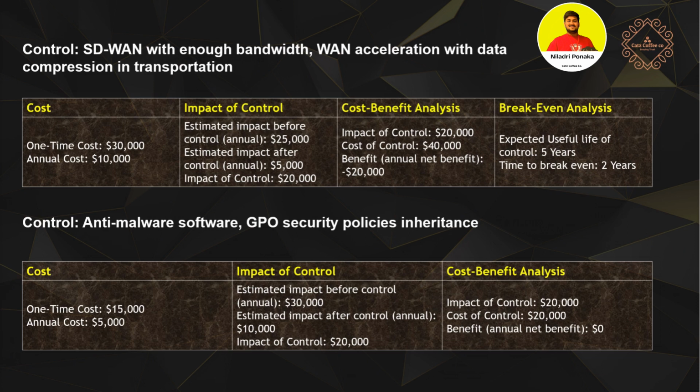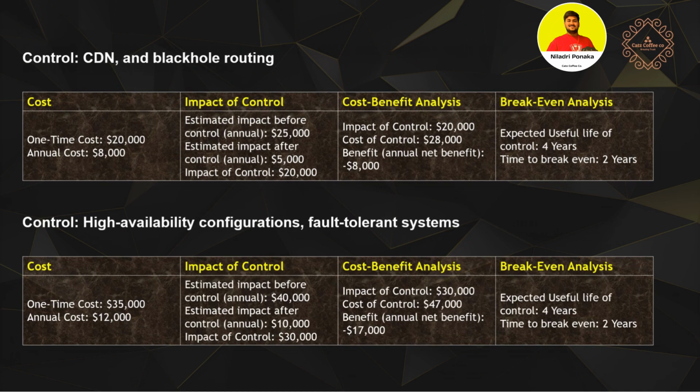Using a 5 by 5 risk matrix, we determined the likelihood and impact of risks and prioritized high-level risks that require immediate attention. Overall, Cat's Coffee Co's risk posture is moderate with significant opportunities for improvement.